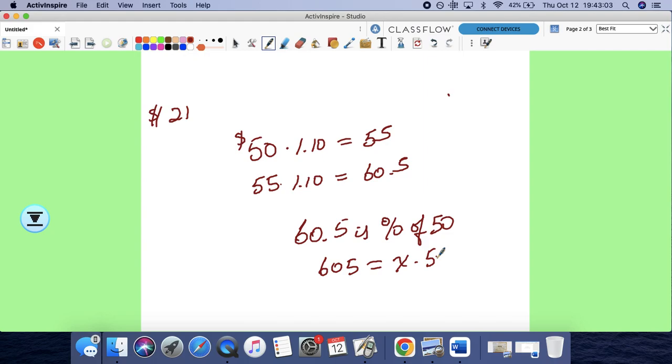If we divide both sides by 50, 60.5 divided by 50, we get 1.21, and that's what I want, which equals 121%. Okay, tricky.